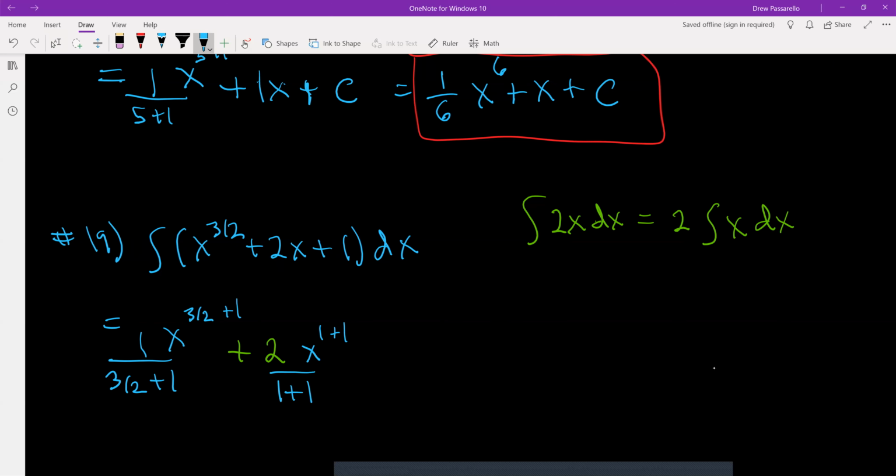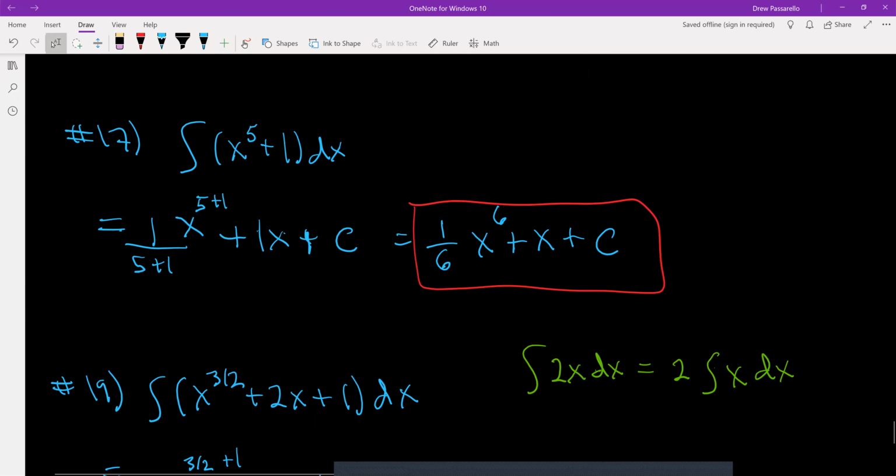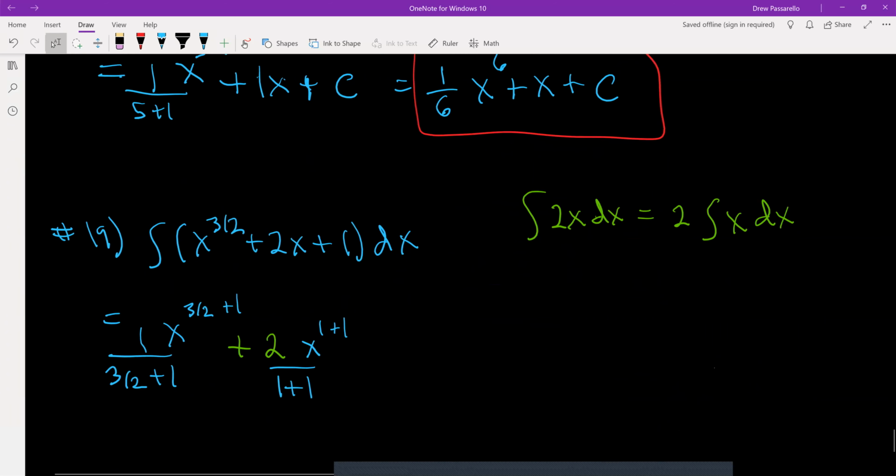That's the same rule I've been using. And when you integrate 1, that's like the previous question where we integrated 1, we get 1 times x, or just x. So that'd be plus 1x, or x, and then plus c.